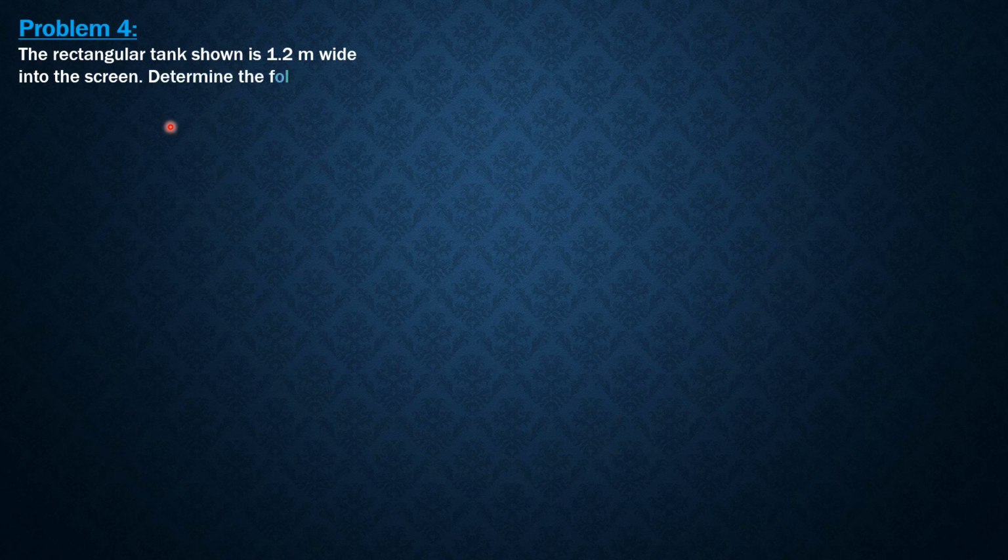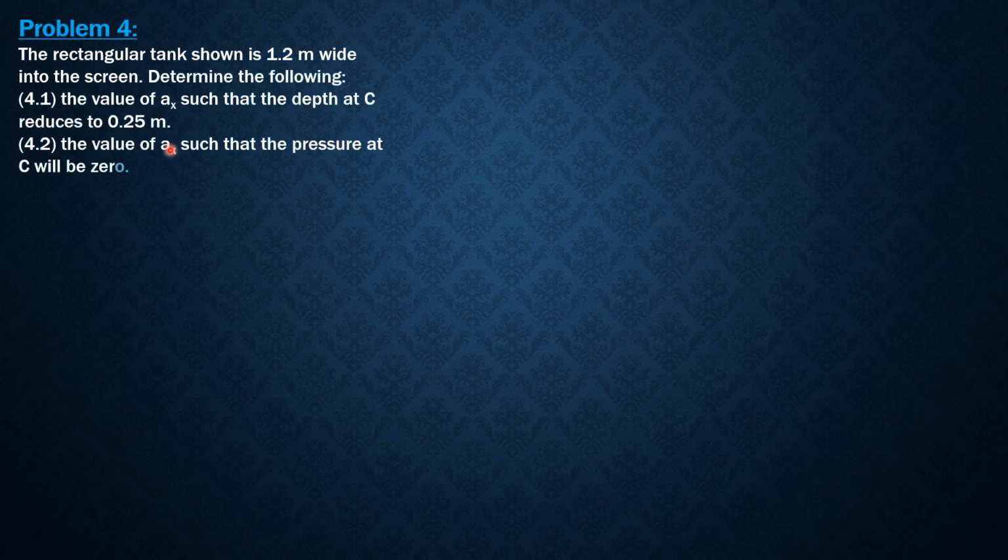Hello everyone. I'm going to discuss the solution to example 4 on relative equilibrium of liquids, linear motion. So here is the problem. The rectangular tank shown is 1.2 meters wide into the screen.